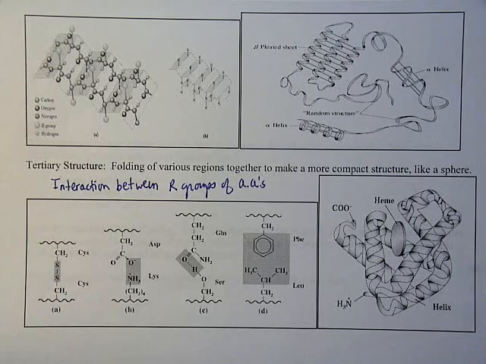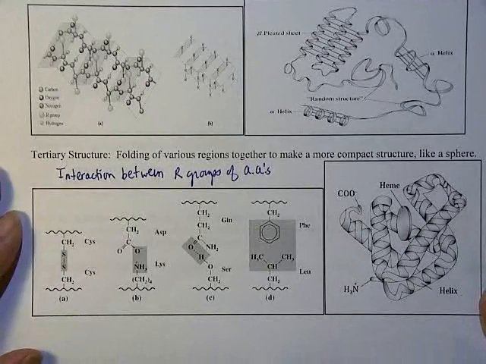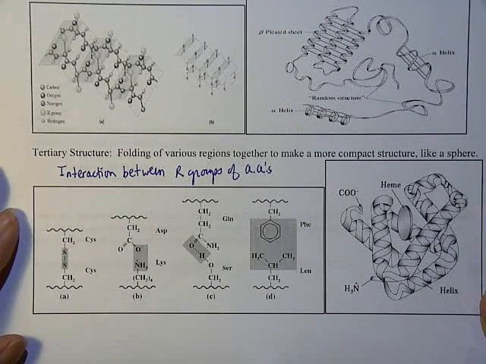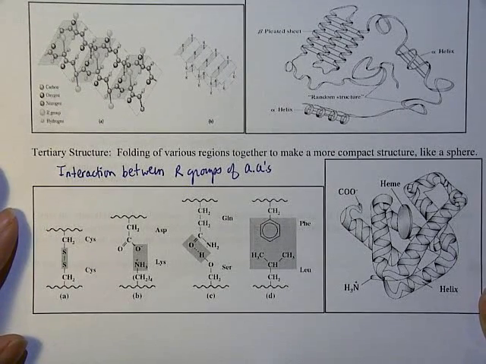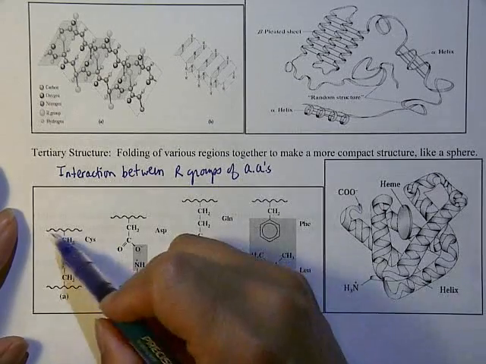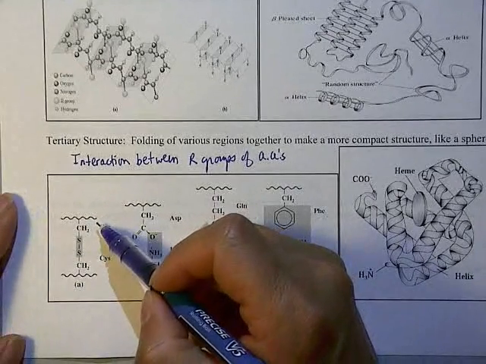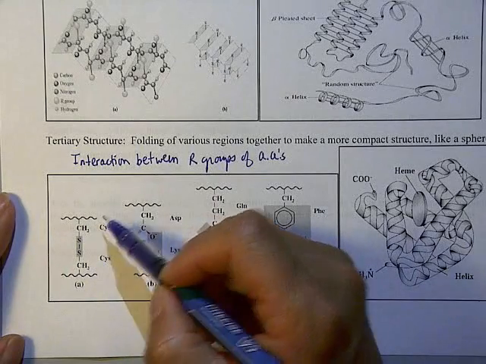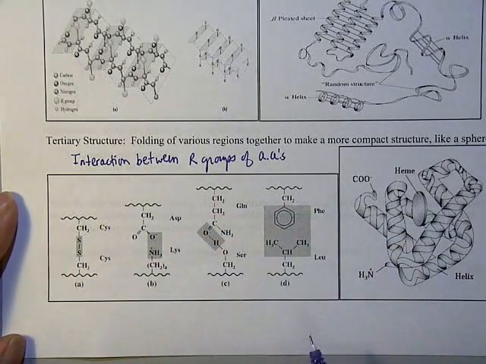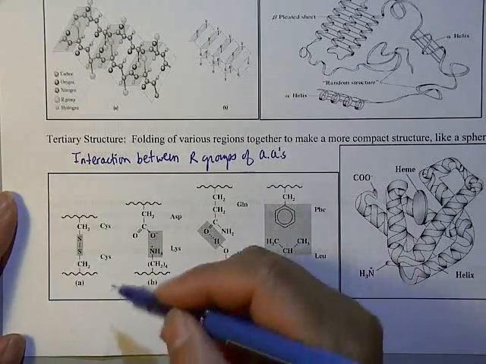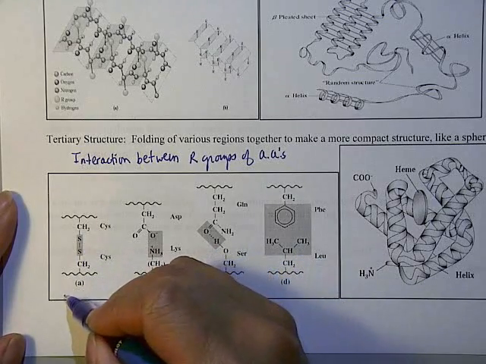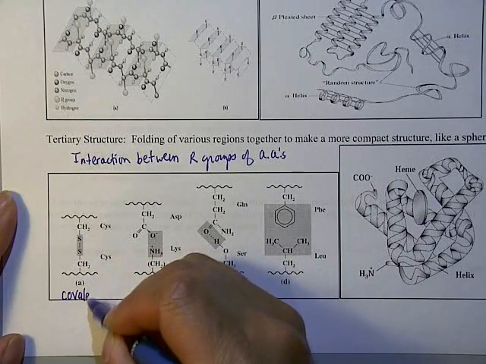All right. So let's go over the four different types of interactions that's possible between the side chains of amino acids. So these squiggly lines are indicating the protein peptide chains, and the strongest of these is the disulfide bonds, because that is a covalent bond.